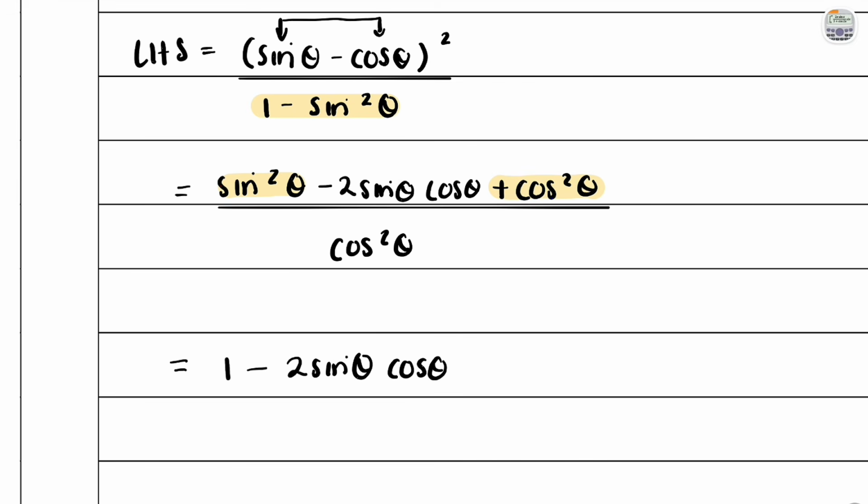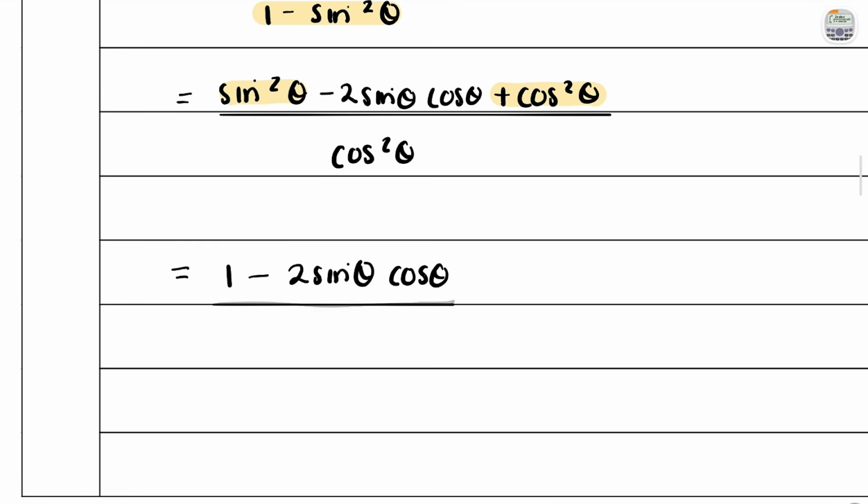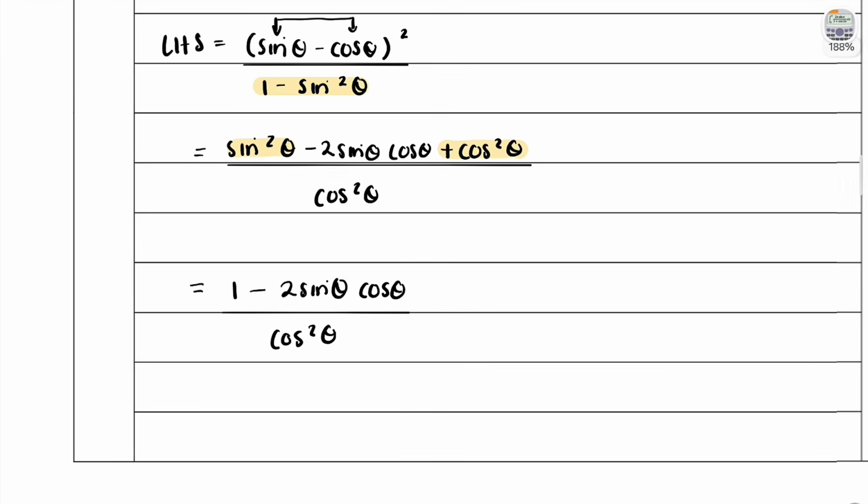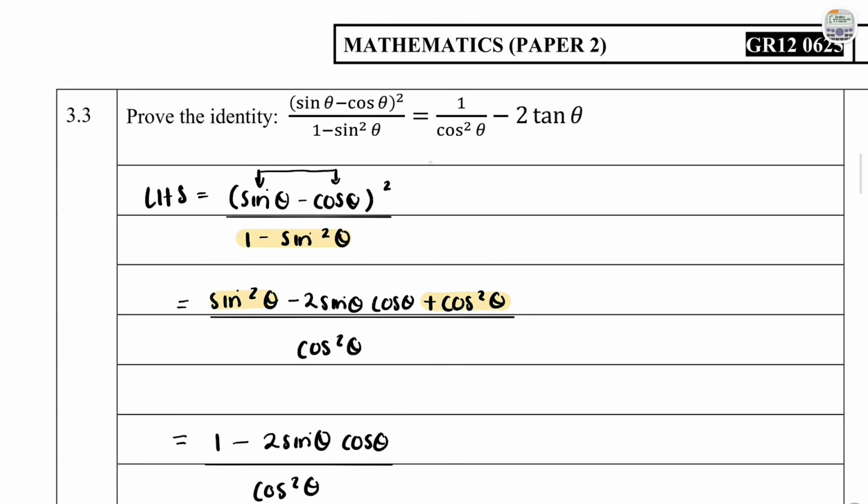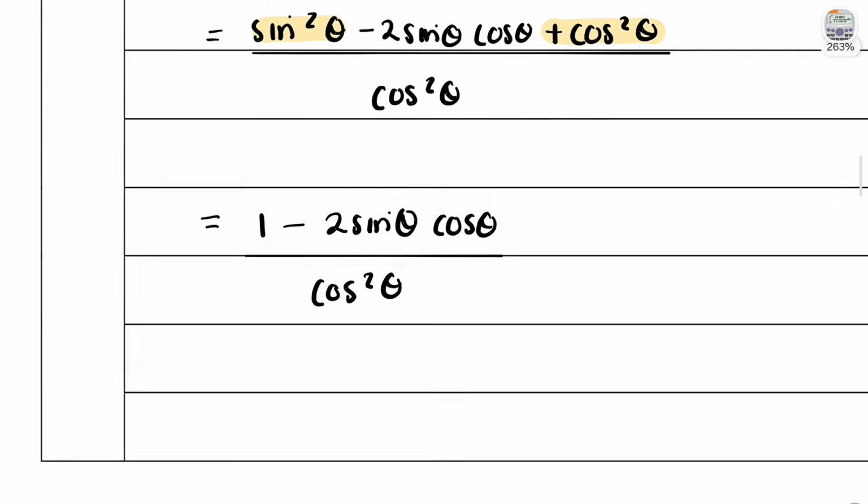We have cos theta, and then this goes over cos squared theta. And let's see how we can simplify this. Just make sure you always look at the right-hand side and see, how does this get to look like that? First of all, we have a 1 and we have cos squared theta, and then this. So it means that they separated these.